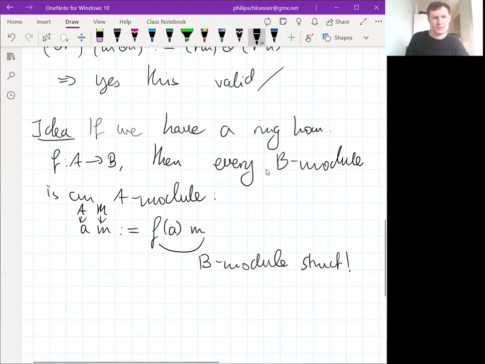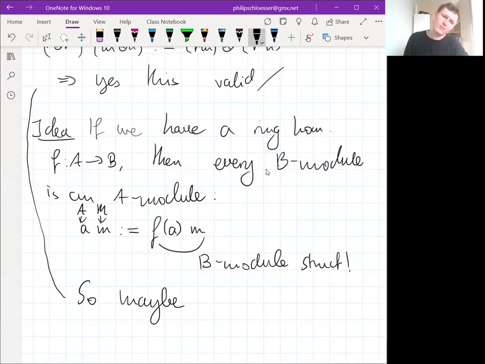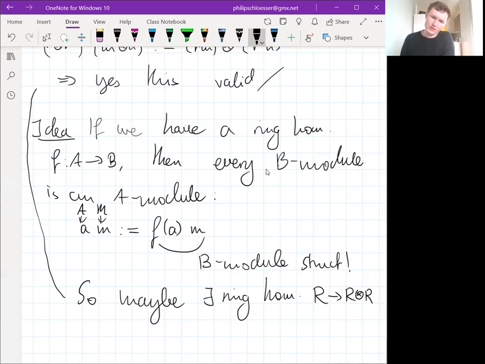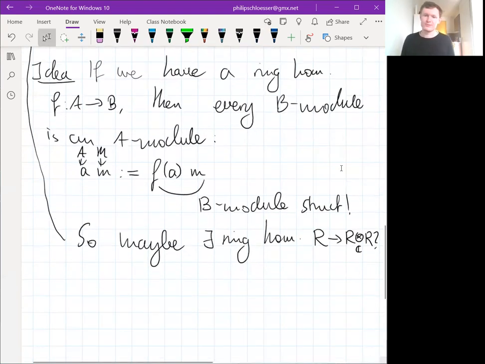So going back to what we were doing before, do we maybe have a ring homomorphism from R to R tensor R over C? And well, it's not clear that we do, but if we do, we can just do that construction.